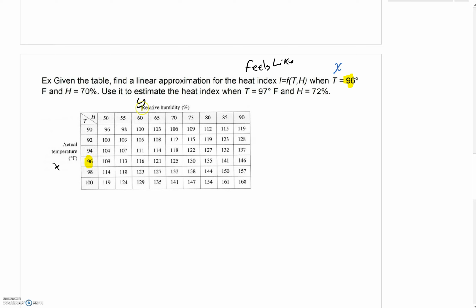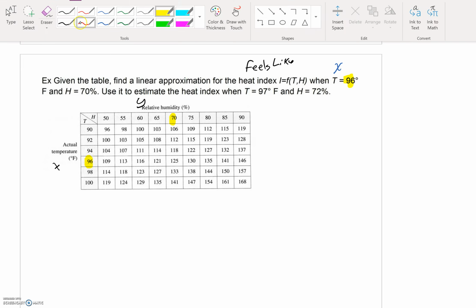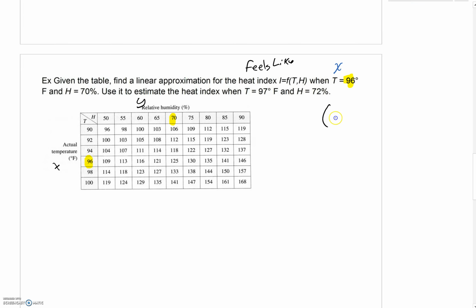And the relative humidity, 70% right there. So what we have very quickly is a 96 for our x. For our y, we've got 70. And of course, you can see right here, that would be a feels like temperature of 125.